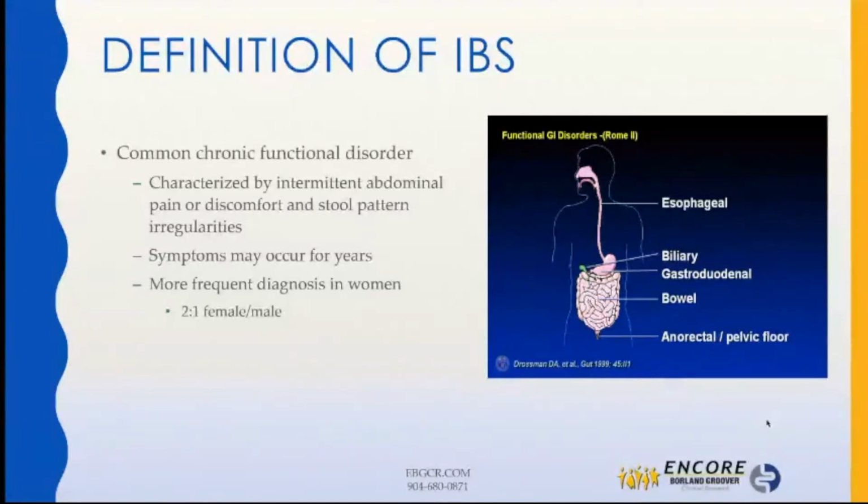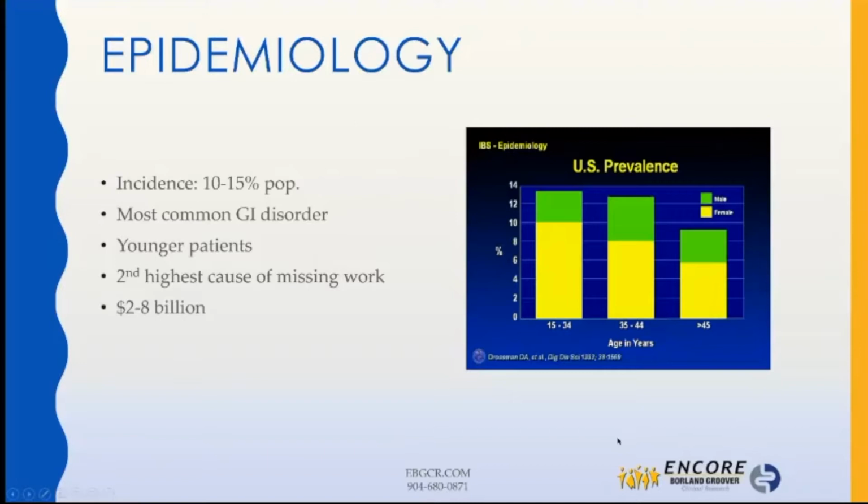But in the science of the GI tract and functional disorders, we have functional dyspepsia, biliary dyskinesia, and other subtypes of functional disorders that are not IBS, but very frequently patients, or even physicians and practitioners, refer to them as irritable bowel syndrome.